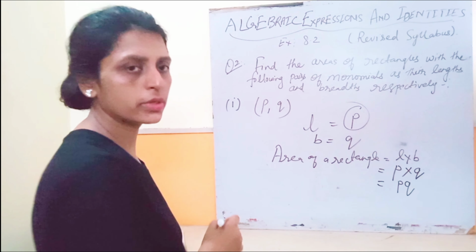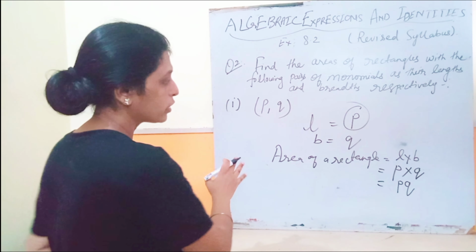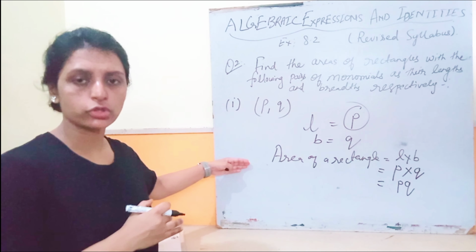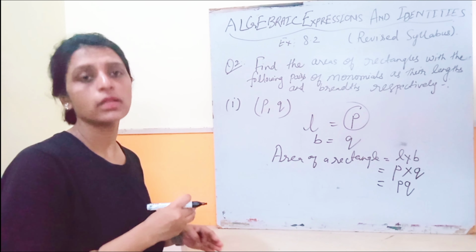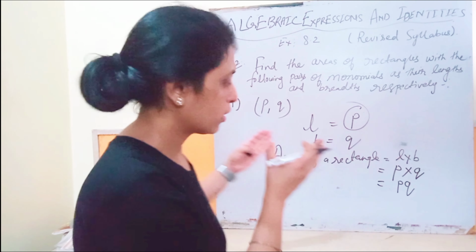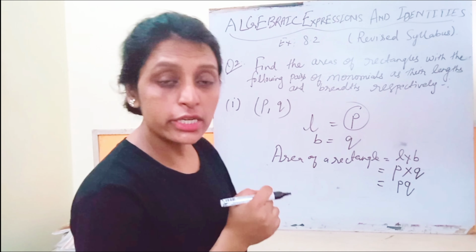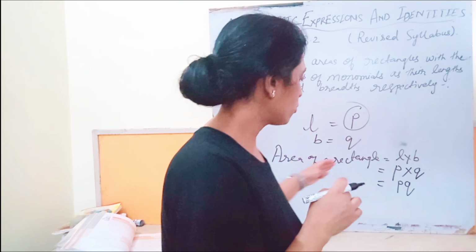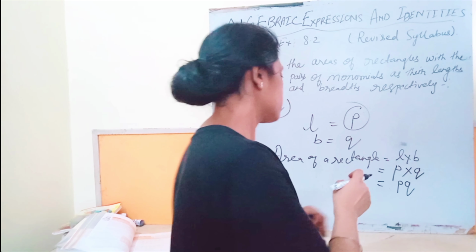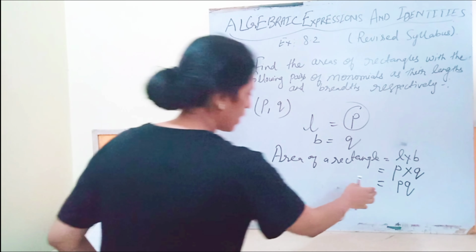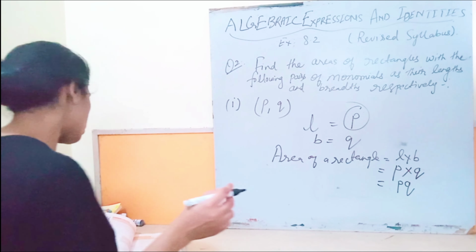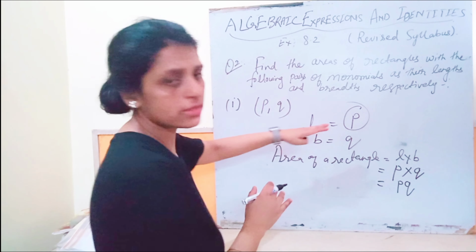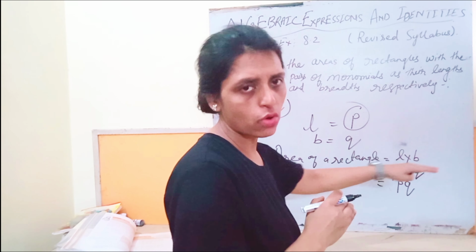PQ. Children, the proper way of writing such type of question is that if there is some formula related to that, you need to specify that. So here area of rectangle is L into B, so it is P into Q. You should also mention the units, but as it is not mentioned in the question, I am not writing.